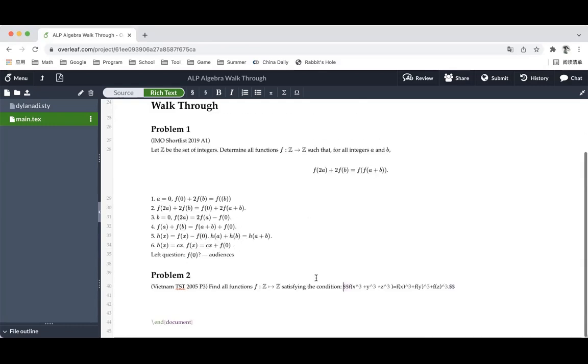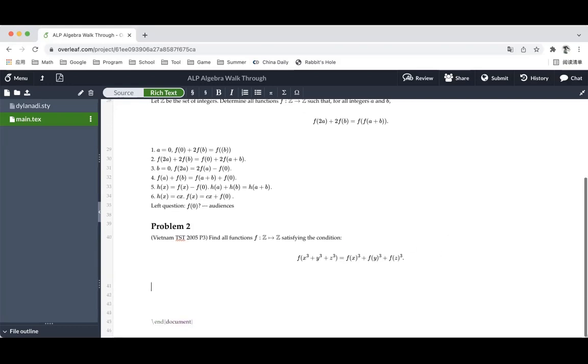The second problem is from Vietnam TST, and it requires us to find all functions from Z to Z satisfying the condition above. After you look at the equation, it is pretty natural for us to guess the answers, right? So we write here, first, let's guess the answers.